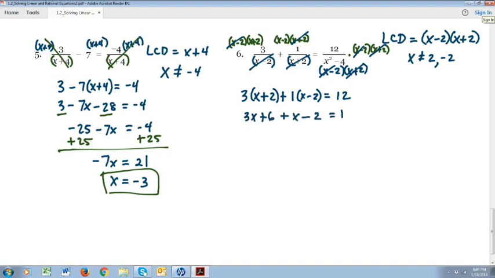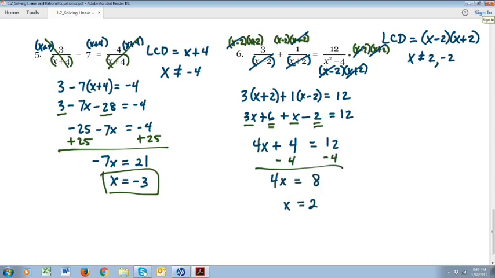We got to distribute, combine our common or like terms. We get 3x and x is 4x. 6 and a minus 2 is 4. Notice we now have a two-step equation, so we can subtract 4 on both sides, and we're going to get x equals 2.